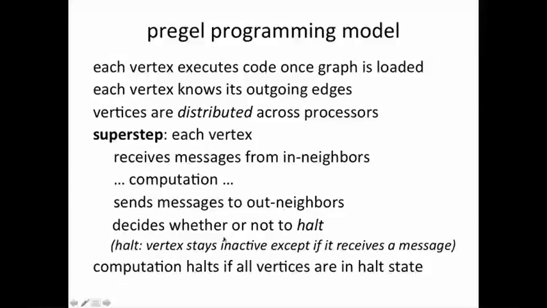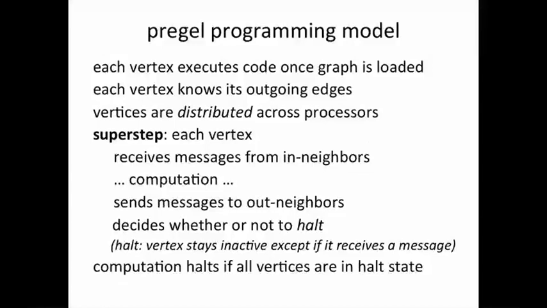If this does not happen and all vertices are halted, then the computation halts. So the master, as we mentioned in the previous chart, is responsible for making sure that the messages are sent and received by vertices, as well as checking whether or not all the vertices are in the halt state. If they are, then it ends the computation.